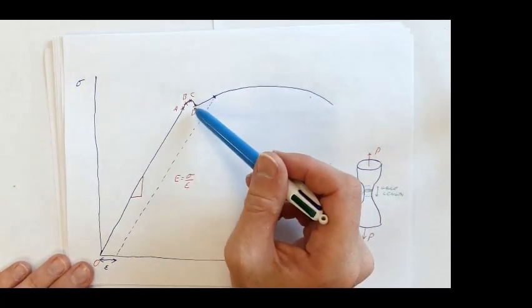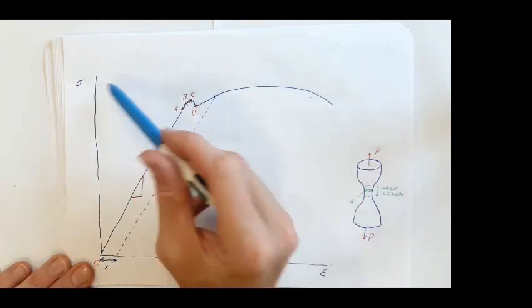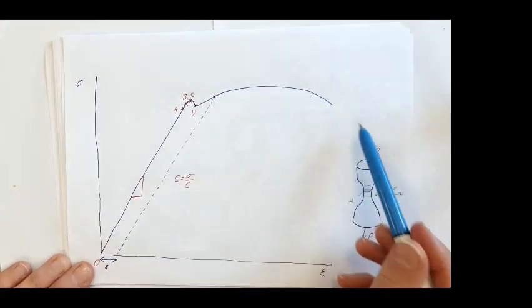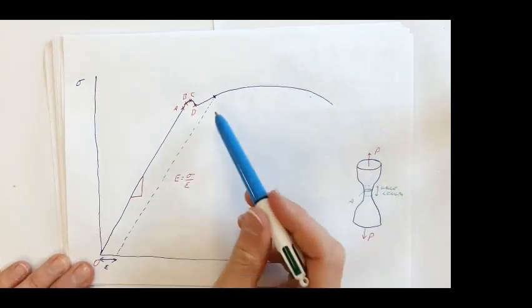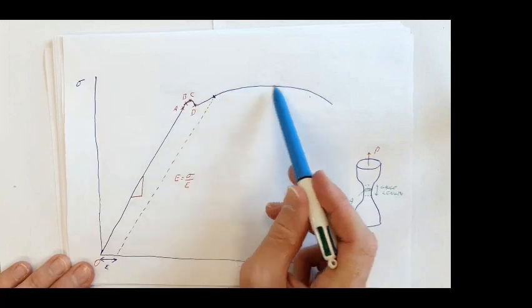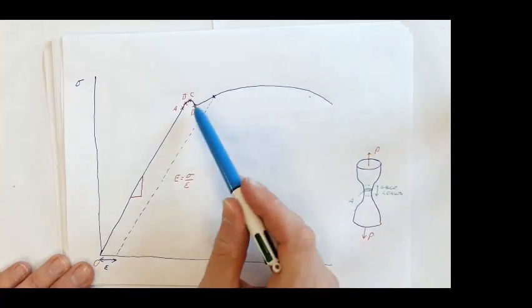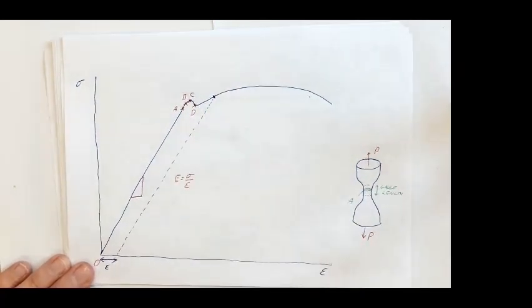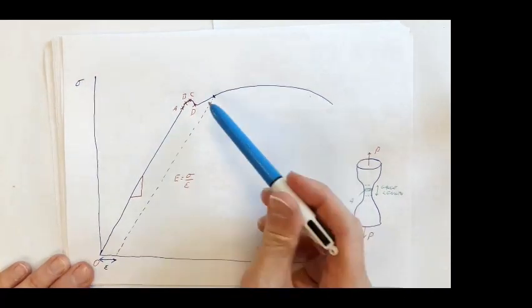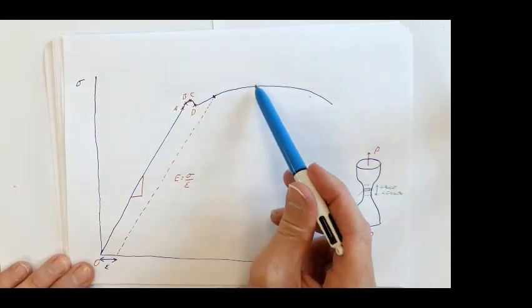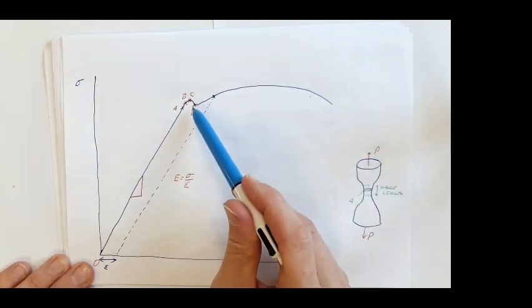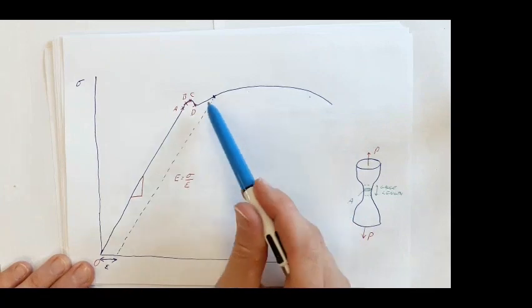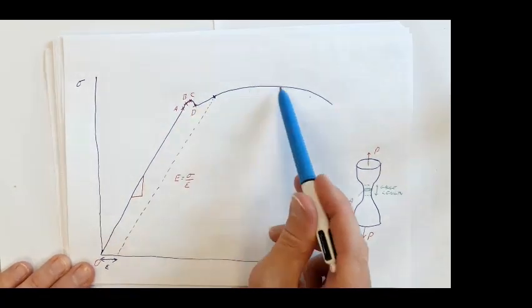Beyond point D, for relatively small increases in stress, we see very large increases in strain. How much strain we see is a measure of the material's ductility. A very ductile material would have a very long drawn out section here, and a material with very low ductility would not have a long drawn out section here.